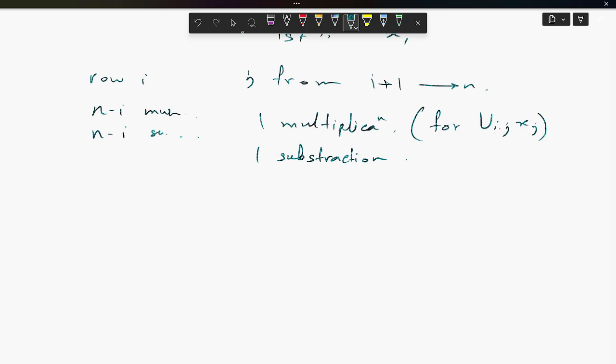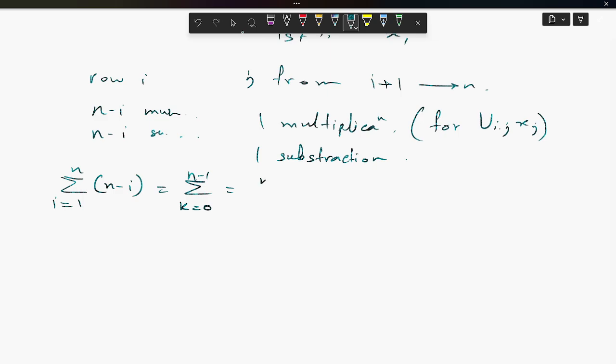So finally, summing over all rows i equals n to 1, the total multiplications and additions is the summation i equals 1 up to n of (n minus i), that is equal to the summation k from 0 to n minus 1 of k.